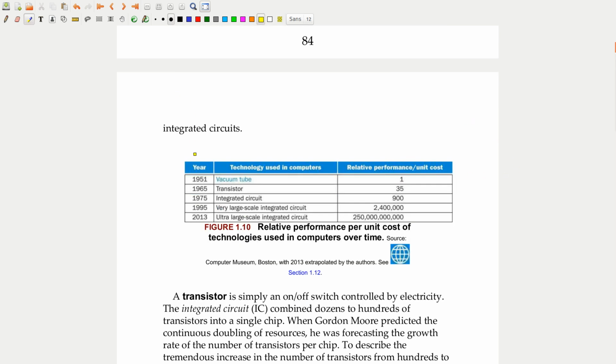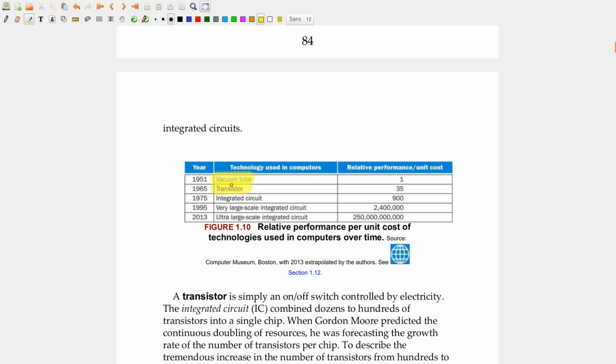So here we have 1951, which is 5 years after the first stored program computer, EDVAC. We have vacuum tubes. In 1965, we have the first transistor. This was around the time Yale Patt did, I think, the first multi-transistor logical gate on a single piece of silicon in the early to mid 60s.